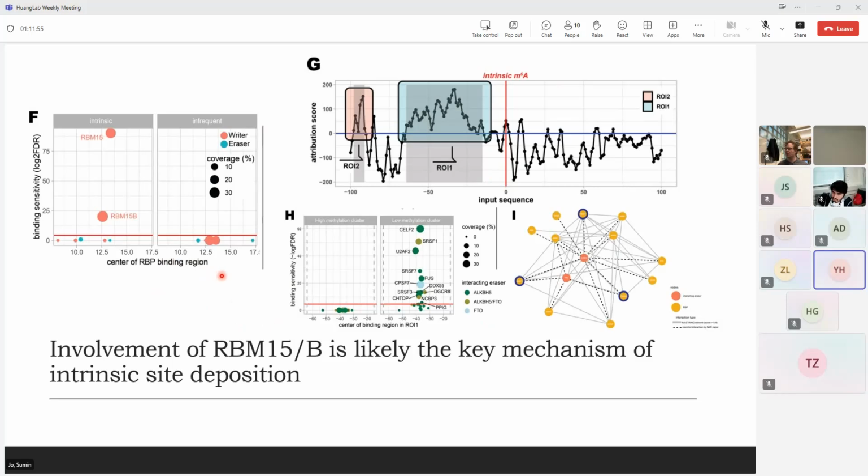Right. So, and then your figure H shows the enrichment of the binding sites of a bunch of RNA binding proteins. Right. So you examine like 200 some RNA binding proteins, including a total of like 6 million binding sites or something like this, right?